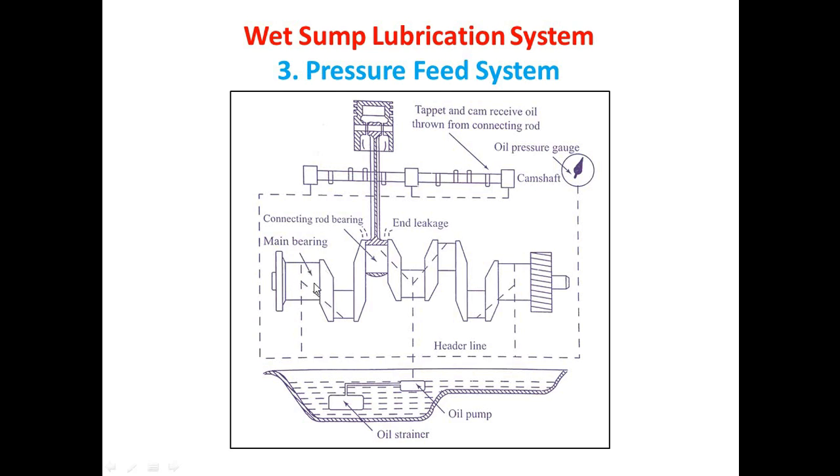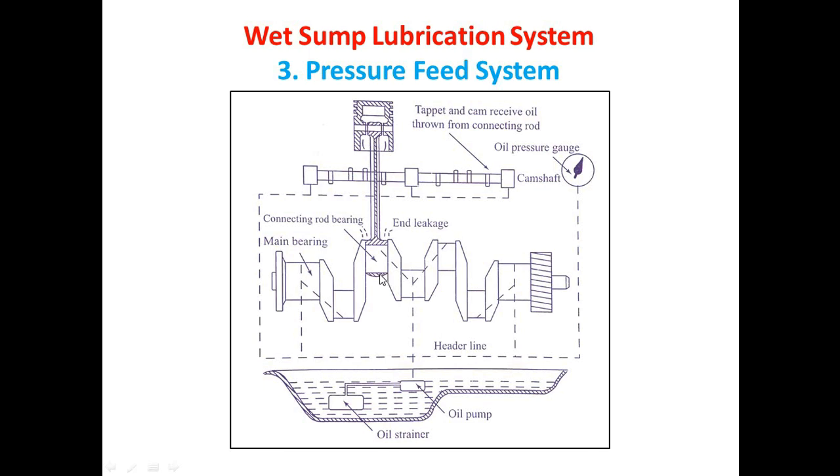So the dotted lines here are nothing but the drilled hole present inside the crankshaft. This pressurized lubricating oil is supplied to the crankshaft and its hole, so that it will lubricate the crankshaft and its bearing. Also we are having the connecting rod.